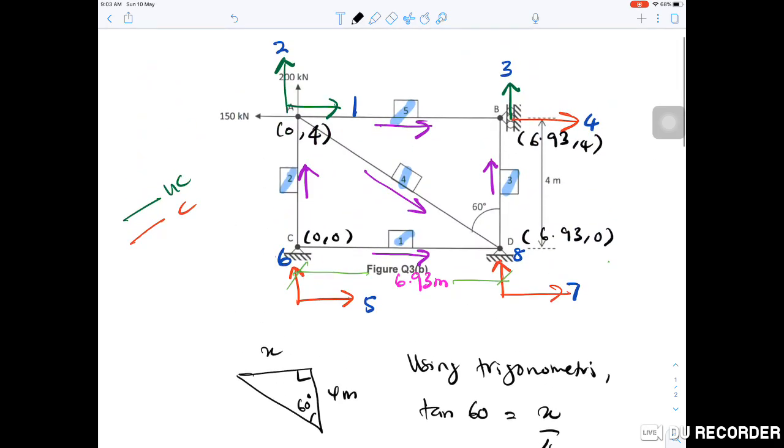Okay, the truss here is a structure. In order to determine the structure stiffness matrix, we have to determine the element stiffness matrix first, and after that we combine the element stiffness matrices to get the structure stiffness matrix. So what we need to do now is we have to analyze element stiffness matrices one by one. So in this truss there are 5 elements.